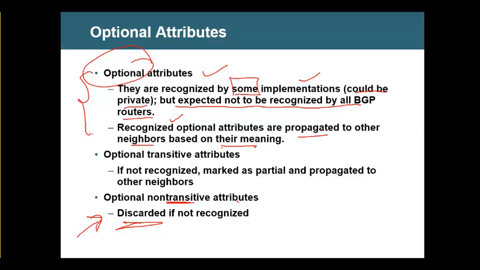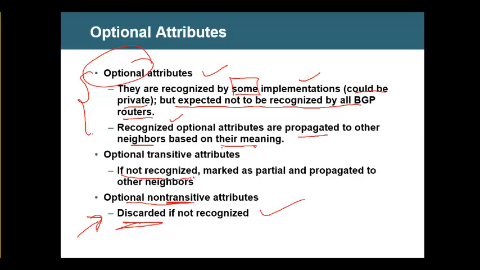We saw optional means not everyone will have that attribute while they send. But for the receiver, if it is mandatory to be seen, and if not seen he will discard, then it is called optional non-transitive.